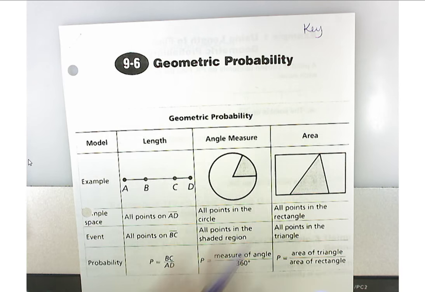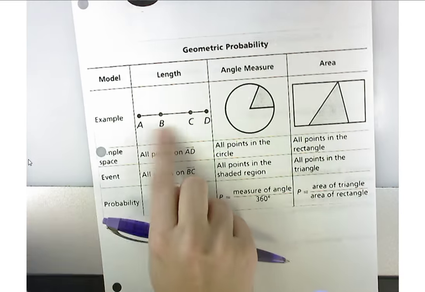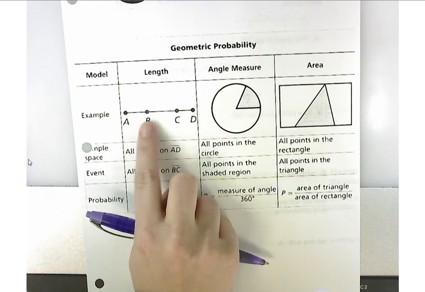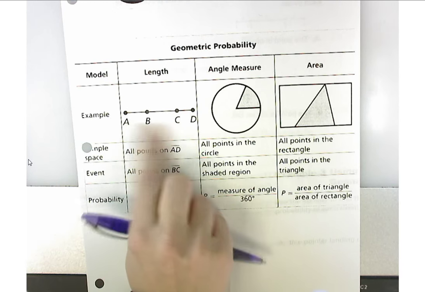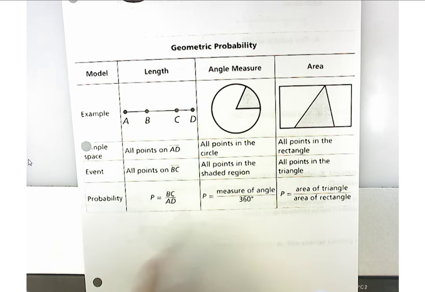So first we're just going to go over a couple of examples. Sometimes you're going to have to do probability with a length. Right here you have a line segment with different line segments inside of it.